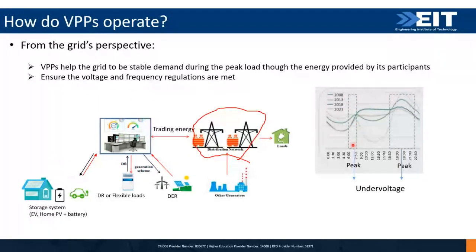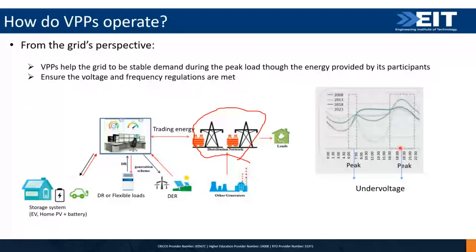One peak load is between 6 and 7 a.m., and another peak is around 7:30 p.m. During these hours, it's hard for the grid to feed the load. And so on some days, the grid power might be less than the demand.